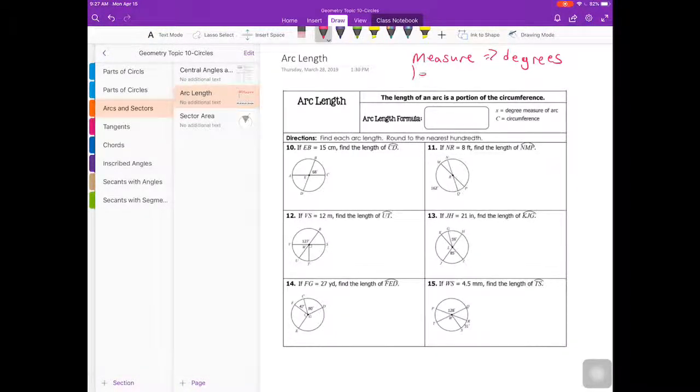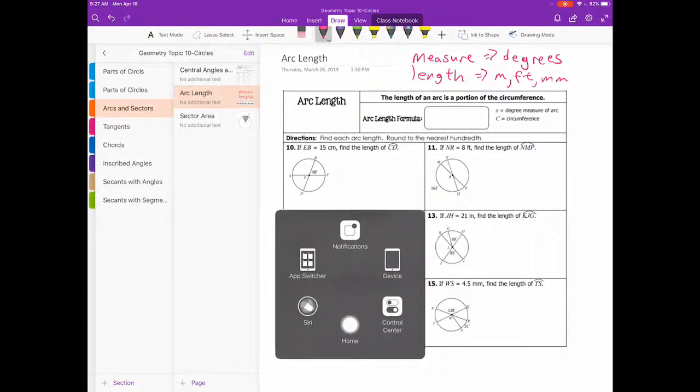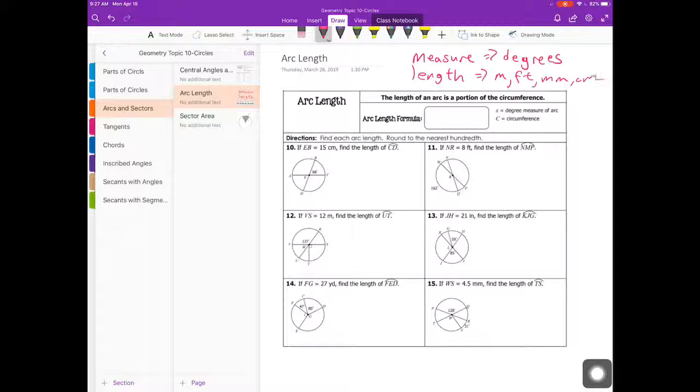The length of an arc always has units, like its length. So you're going to see it in meters or feet or millimeters, centimeters, all of those things will help you find arc length.